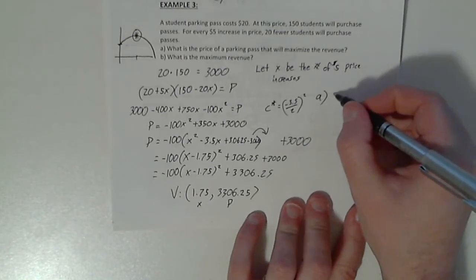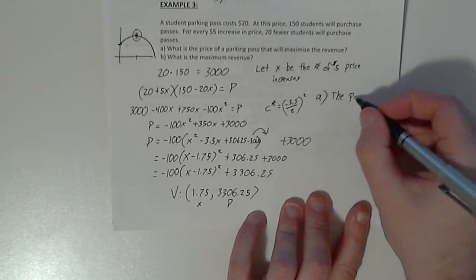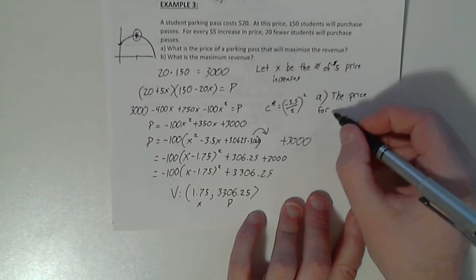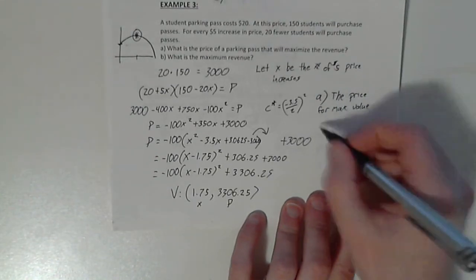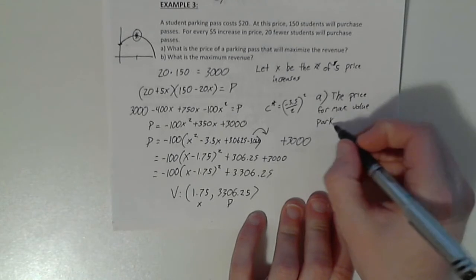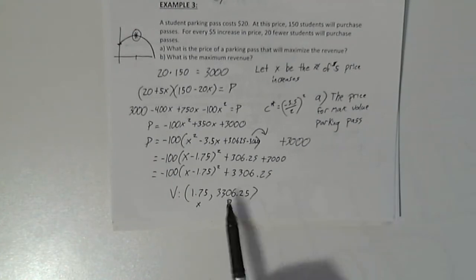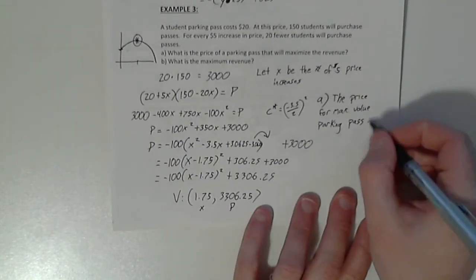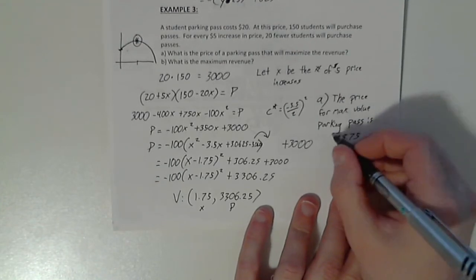So the price for the max value parking pass is going to be $8.75 plus 20, which is $28.75.